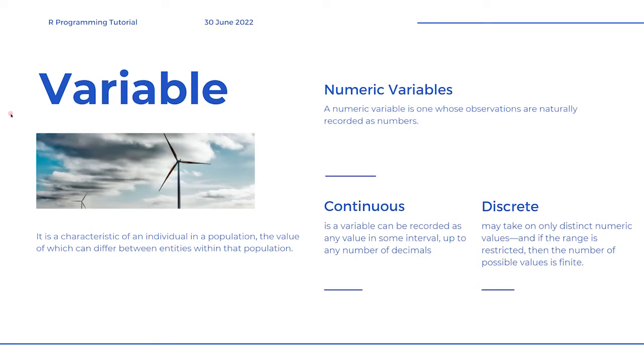It's impossible. So if you're observing a variable which has specific conditions, for example, you only have to give whole numbers, that is a discrete variable.